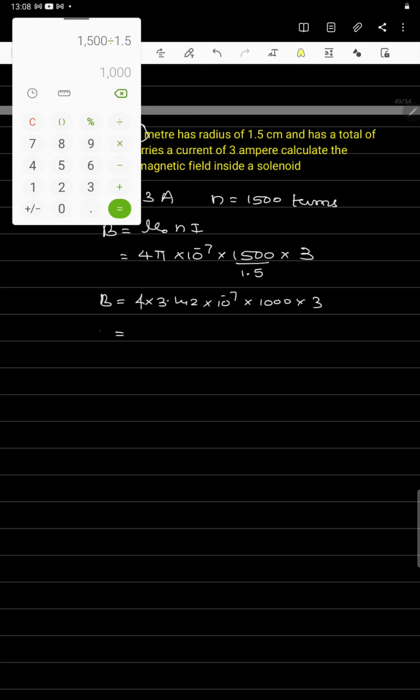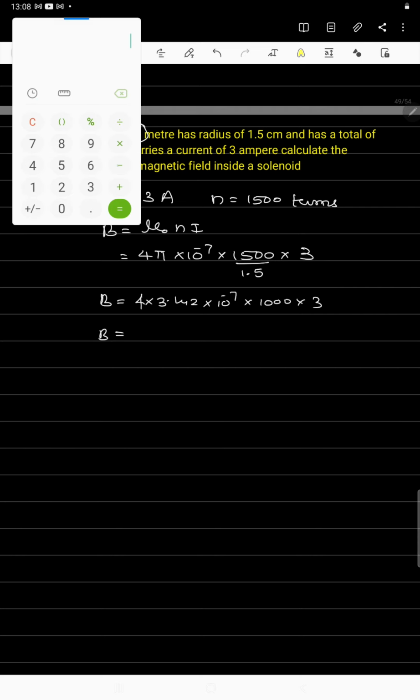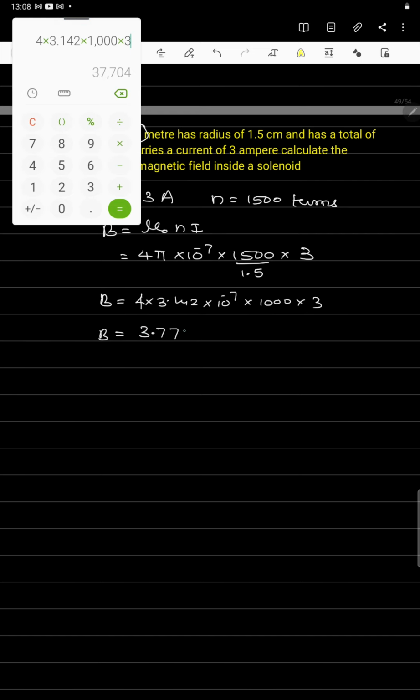So the value becomes 3.77 into 10 to the power of minus 3 Tesla. Sorry for the inconvenience. Here they gave 1.5 meter, so I took it as 1 meter, that's why the answer became wrong.